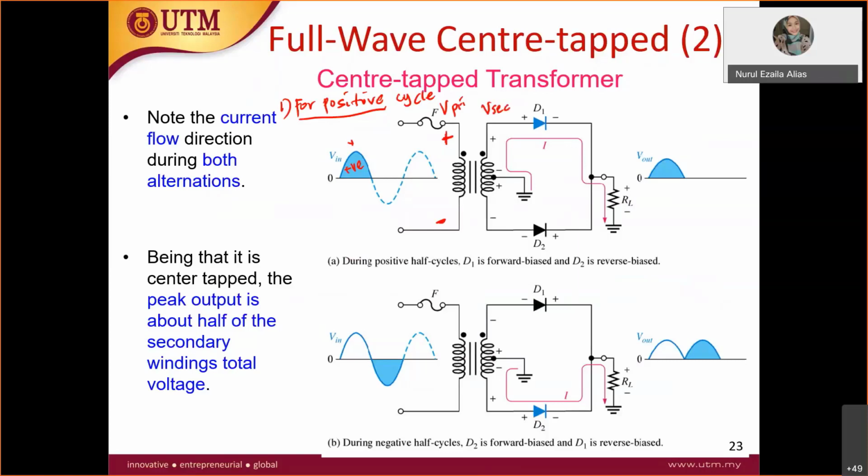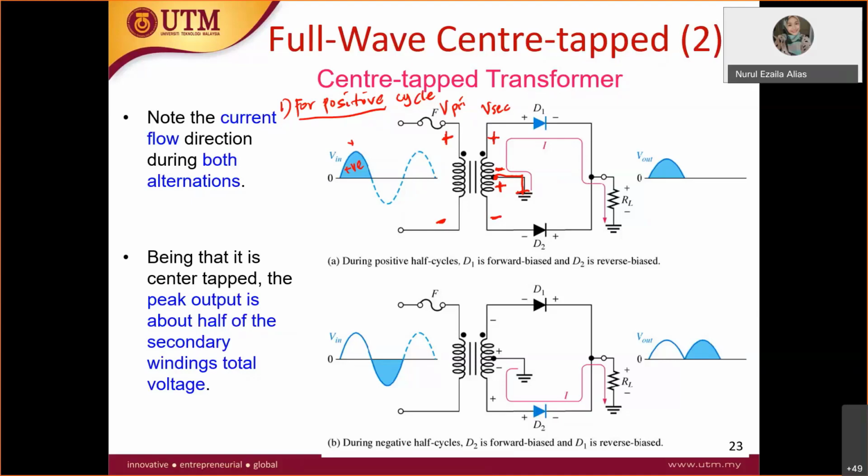The left one is V primary and the right one is V secondary. Since this is a center tap, the notation will be positive on top because this is the positive cycle, and negative at the bottom. So this is how it looks. Let's take a look here. What happened here? So first thing.